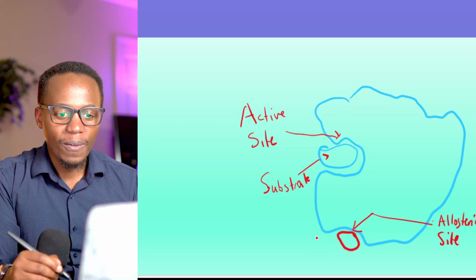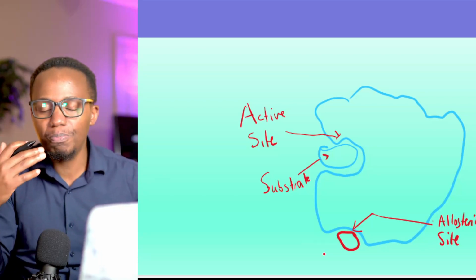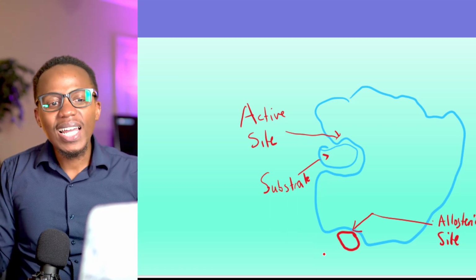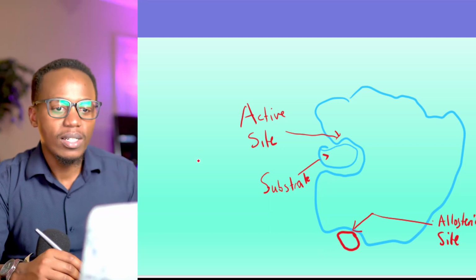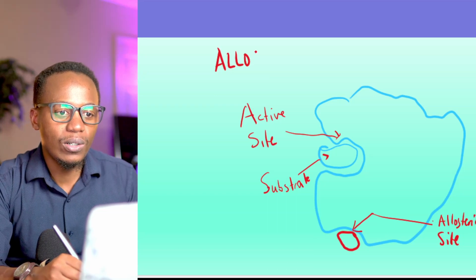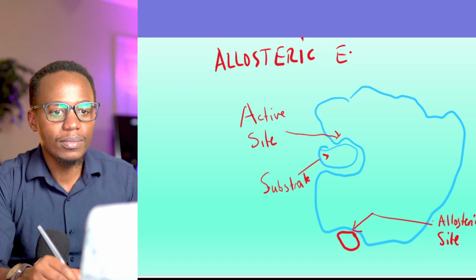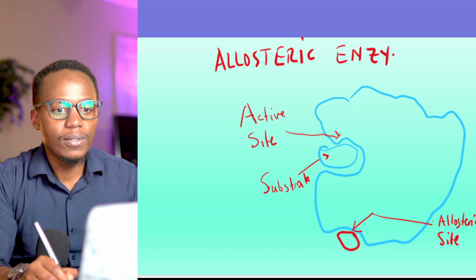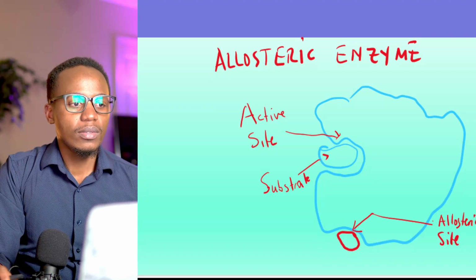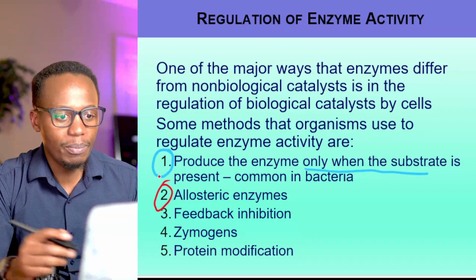We can add things that are called activators or repressors, and inhibitors that are going to bind away from the active site. So this is what we call an allosteric enzyme. This is one of the ways enzymes are regulated. So that's allosteric inhibition.